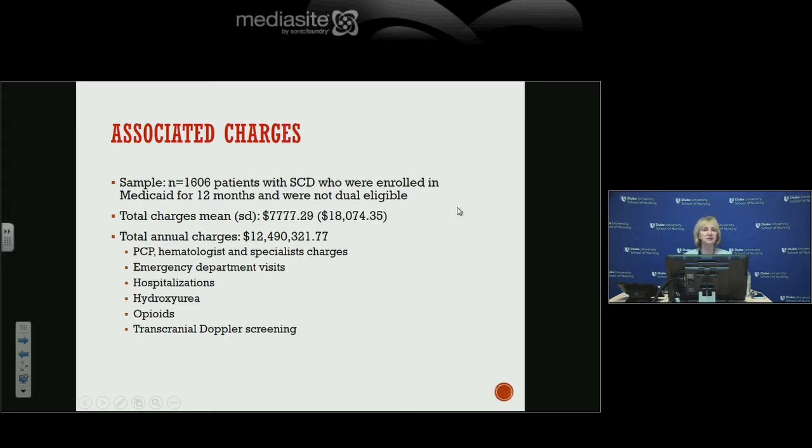When you put all the charges for the 1,600 patients together, for 1 year it was about $12 million. And that included all outpatient visits, PCPs, specialists, emergency department visits, hospitalizations, hydroxyurea, opioids, and transcranial Doppler screening. So it's a population that does have some high cost associated with it, even though it is a rare disease.